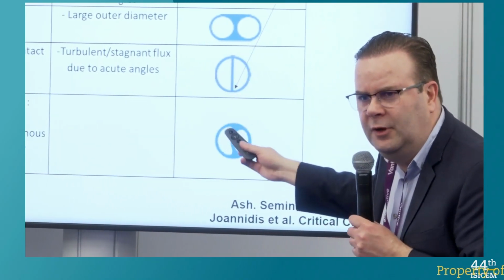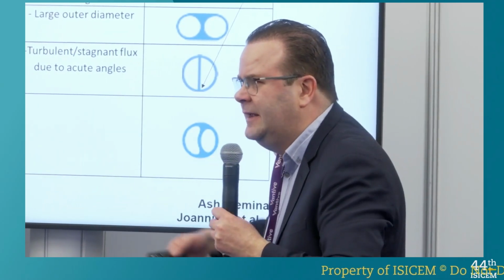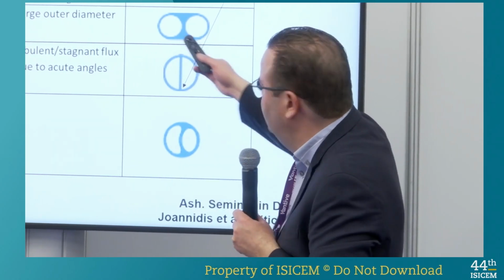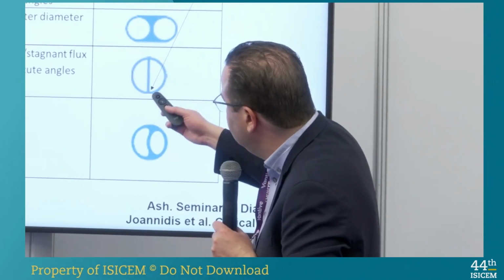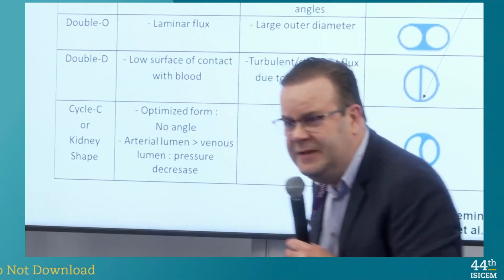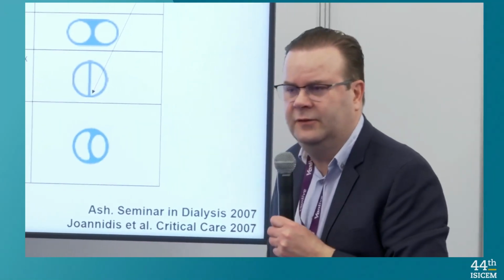No turbulent flux, but the external diameter of the catheter is very big. The ratio of internal diameter and external diameter is not so optimum. Here, we also have a double D. A double D also has some angles, which means turbulent flux.